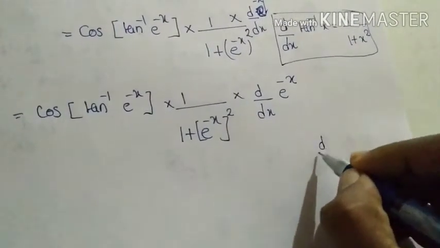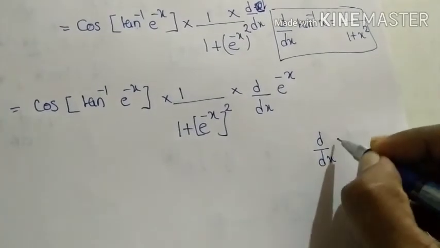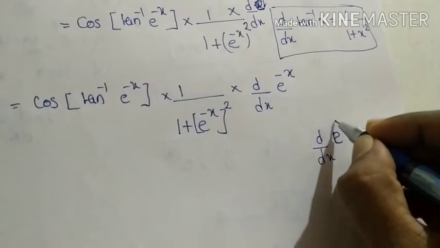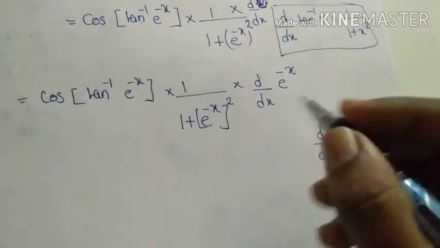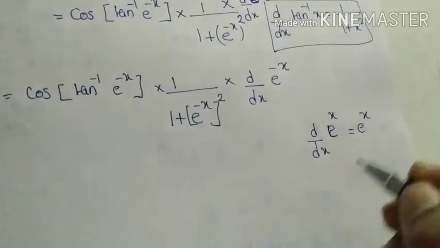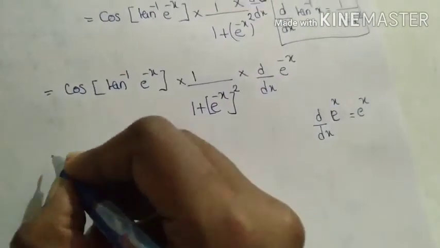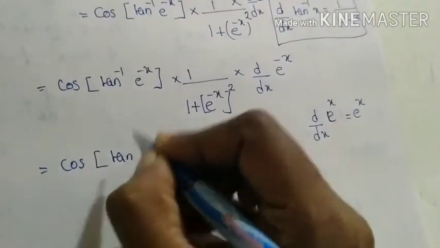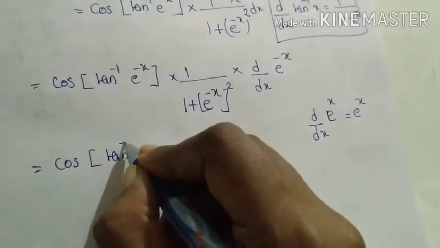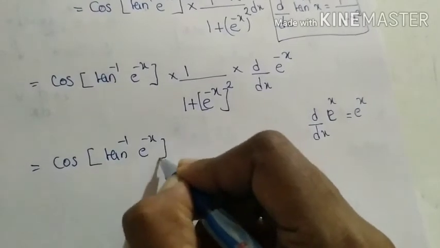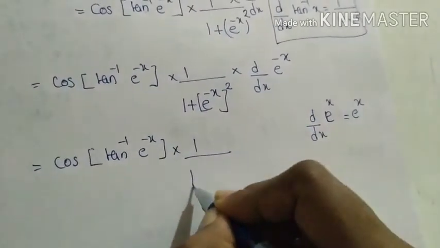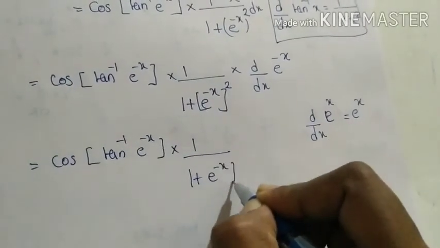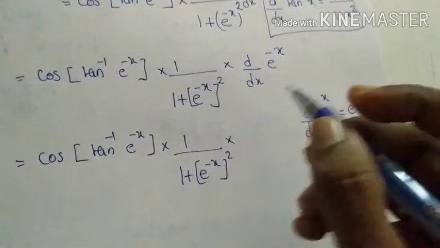Again, we know the derivative of e raised to x is e raised to x itself, right? But here these two terms remain the same. So I write these terms here, minus x all square into, okay.